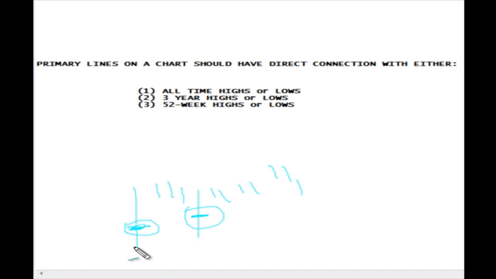Remember, you're not drawing your line connecting these lows, even though you can, and some people do. In my thinking, you want to use the close, which is the most important part. So you want to take this close and this close, and establish a straight line going through the closes, okay?